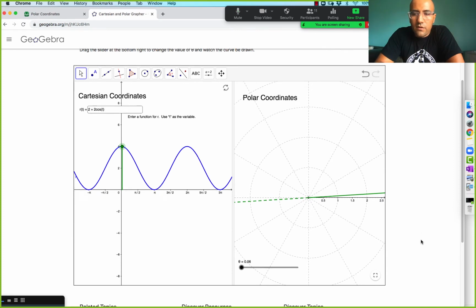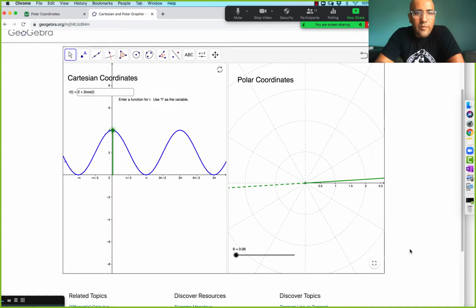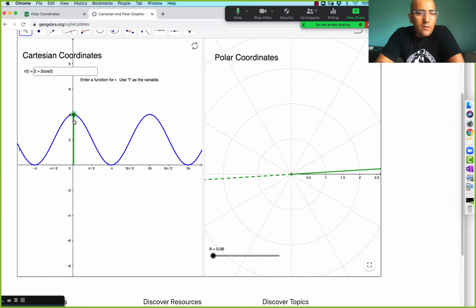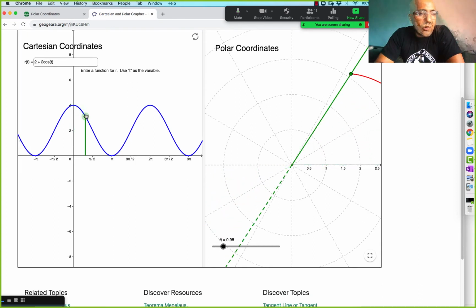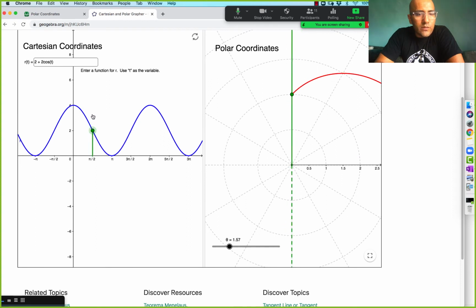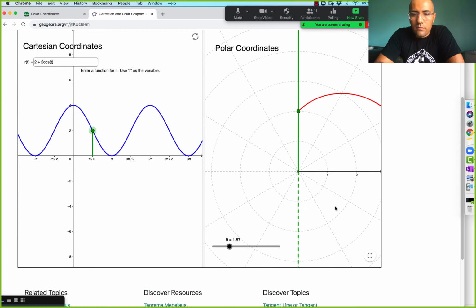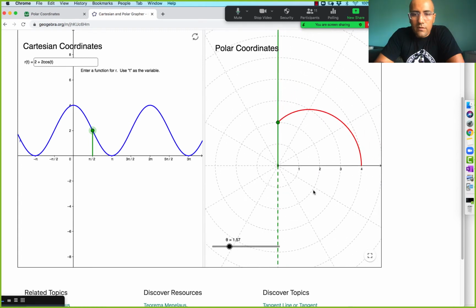That's kind of cool. Make it a little bit bigger. Okay, so here is the 2 plus 2 cosine function. The input variable here is t instead of theta. But okay, so then as we go through here, so here is what the graph looks like. Oh, can I zoom out a little bit? There we go.